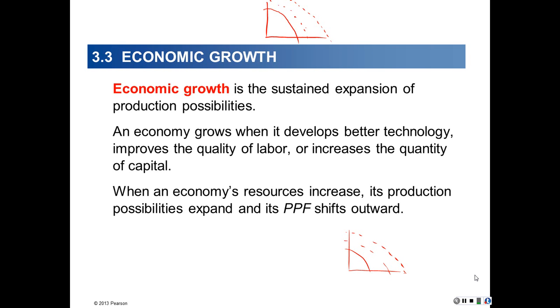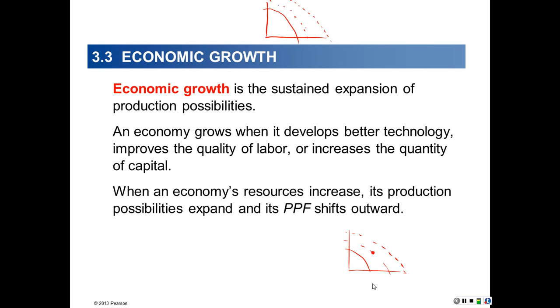In other words, points like this, which were unattainable when the PPF was the original solid line, correct? A point like that was not attainable before, right? It lay outside the old PPF. But with a rightward shift of the PPF, a point like that becomes attainable, right?